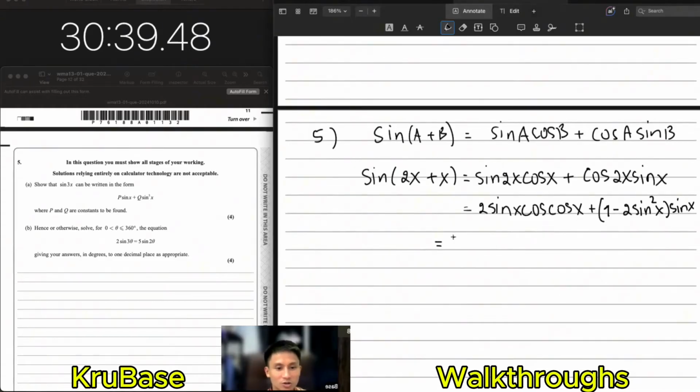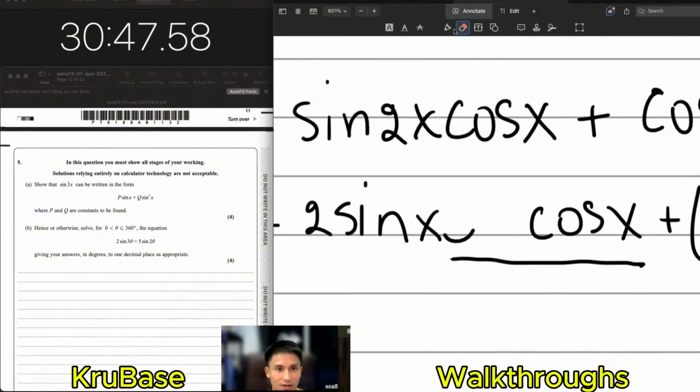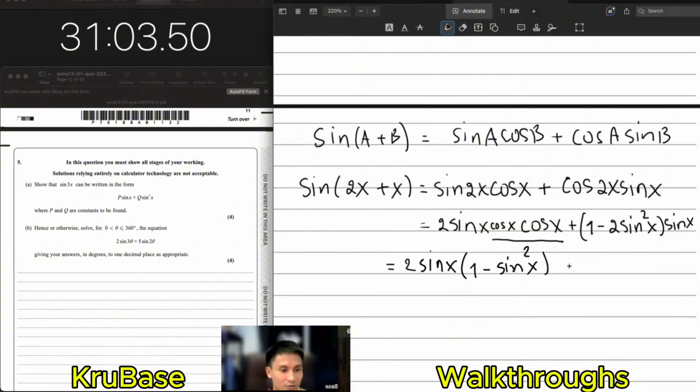These two multiply to be cos squared, and by the identity, cos squared is 1 minus sine squared. Then multiplying inside, just multiply that in to every term.